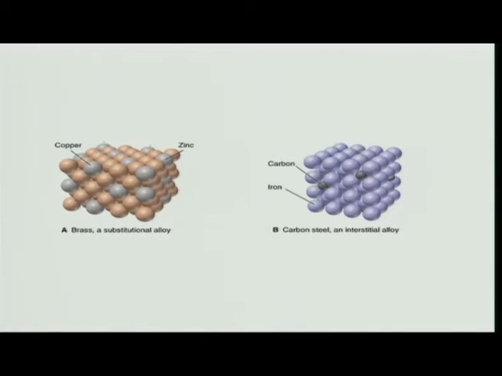Now on the other hand, we can also have what is known as interstitial solutions. What is that? If I go back one step, we know that there are voids in a lattice, nothing is present between these points.